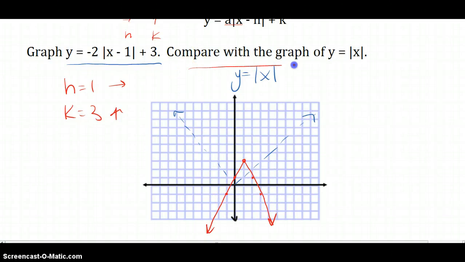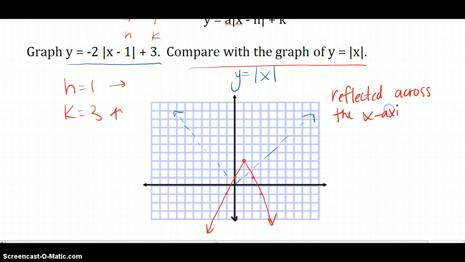And then it says compare with the graph of y equals the absolute value of x. Well, one thing you know is that it's flipped. So you know it is reflected across the x-axis. You know that since there's a 2 out here, and it made your graph more narrow because it has a steeper slope, your graph is vertically stretched.